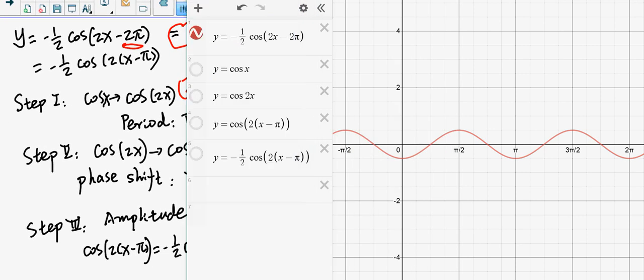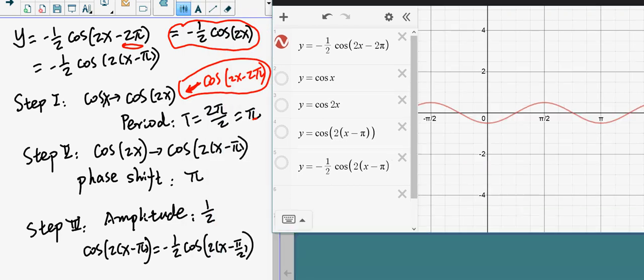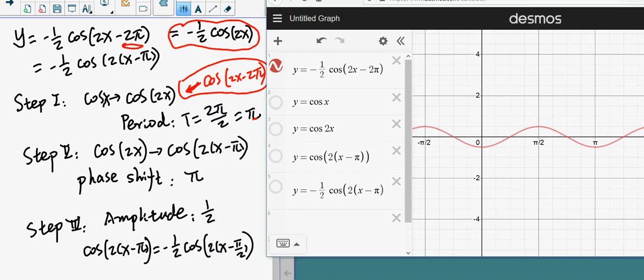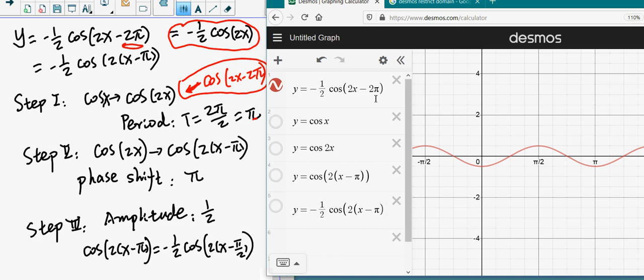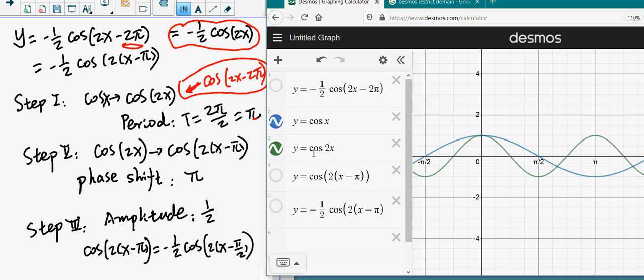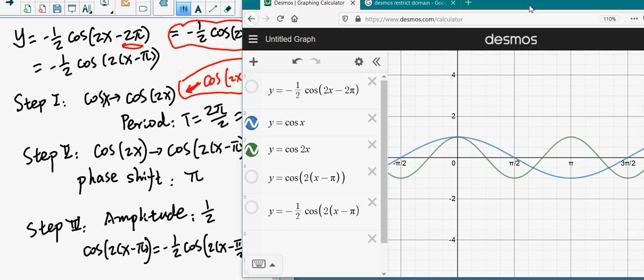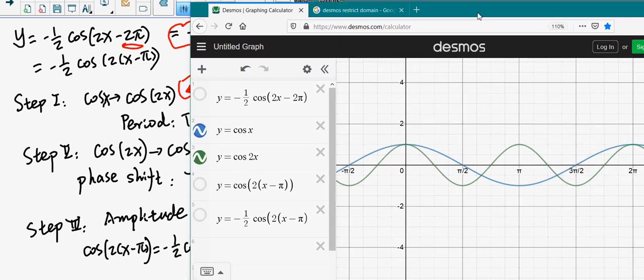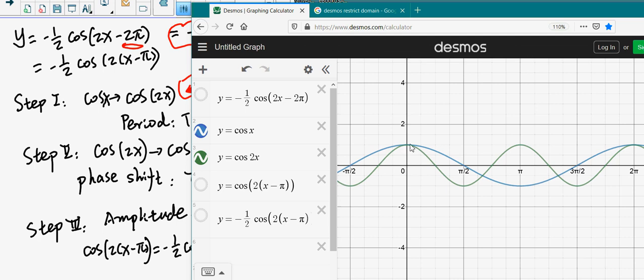Now, here is my step. Let me get this one disappear first. From cosine x to cosine 2x, the period is shifted. So if you want to see the picture, it was cosine like this.